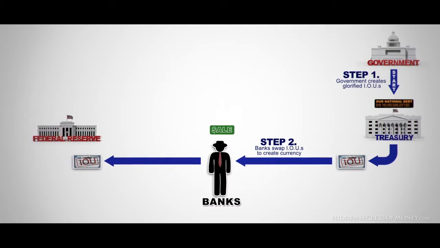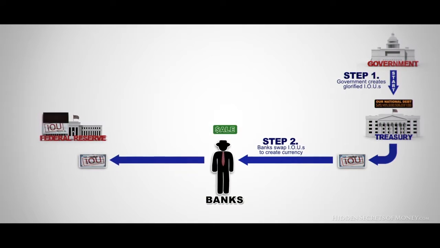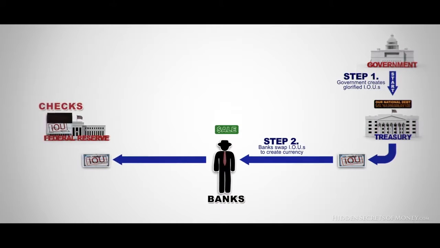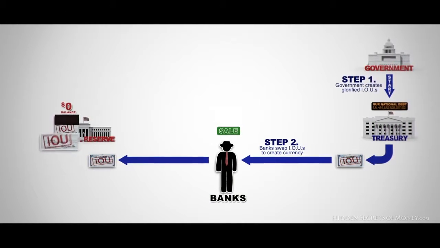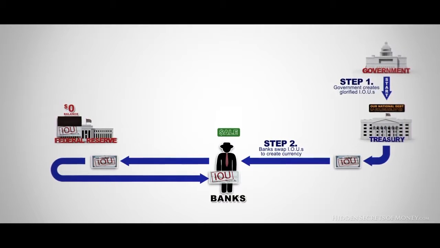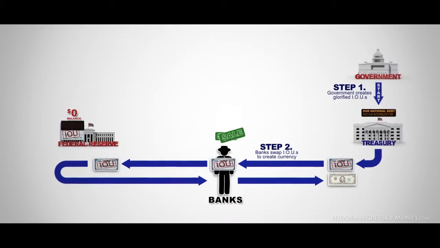The Federal Reserve then opens its checkbook that doesn't have a penny in it and buys those IOUs with IOUs that it writes, checks, on a checking account that has a zero balance. Then they give those checks to the banks and currency just springs into existence, and then the whole process repeats.